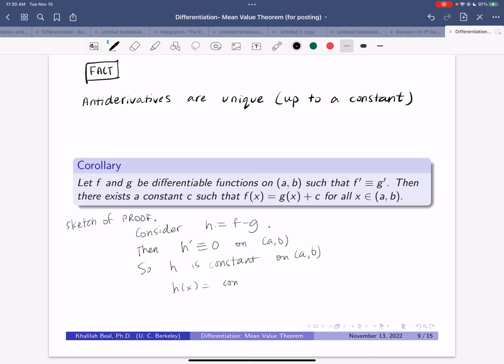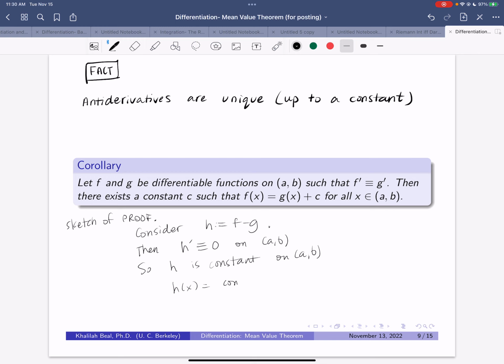And then strictly means that you remove the possibility of equality. So the corollary is that if you have a function that's differentiable, then if your derivative is always positive, your function is strictly increasing. If your derivative is always negative, then your function is strictly decreasing. If the derivative is greater than or equal to 0, the function is increasing. If it's less than or equal to 0, the function is decreasing.